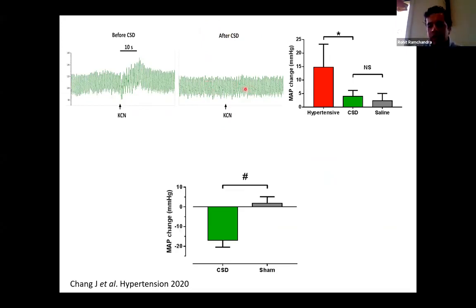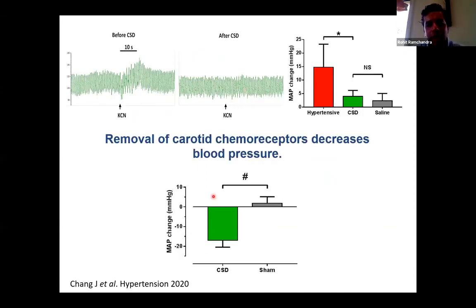What was really interesting to see was in the group of animals where the carotid sinus nerve was cut, we see this large reduction in mean arterial pressure after the carotid sinus nerve is cut. But if you expose the area but don't cut the nerve, you don't see any change in arterial pressure, effectively indicating that removal of the carotid chemoreceptors can decrease blood pressure in this cohort of animals.